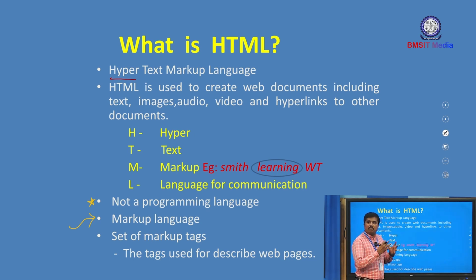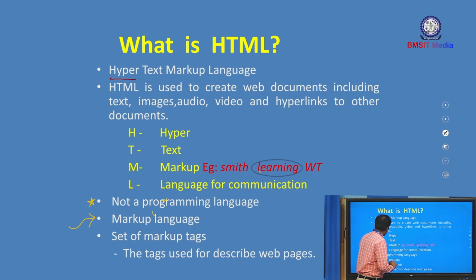Suppose I mark that word learning, I can make it bold, italic, and underline it also. So I choose a particular word and mark it using tags. Such languages, we call hypertext markup language.